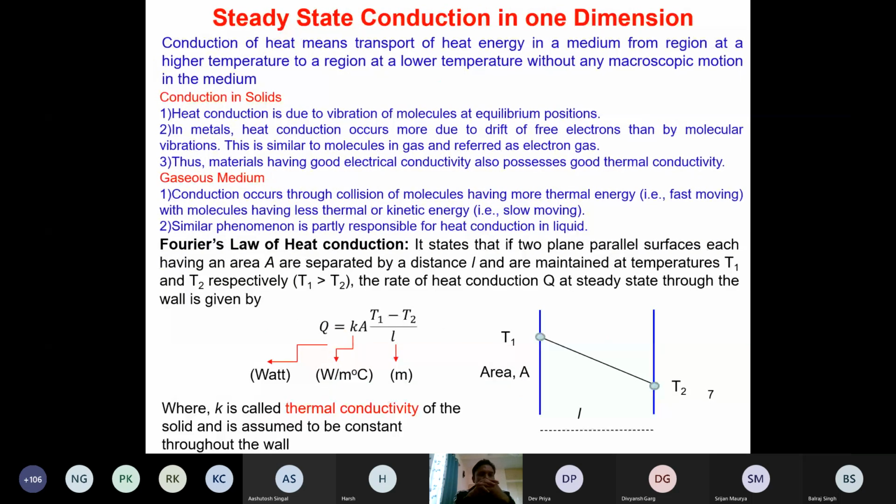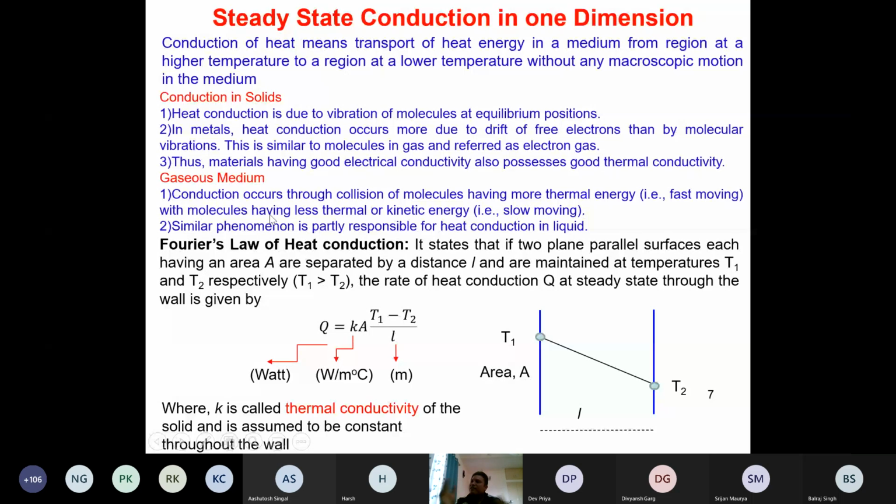So with this quick recap, we have started looking at steady state conduction in one dimension. Again, the word steady state is very important. When we say steady state, that means it does not depend on time.